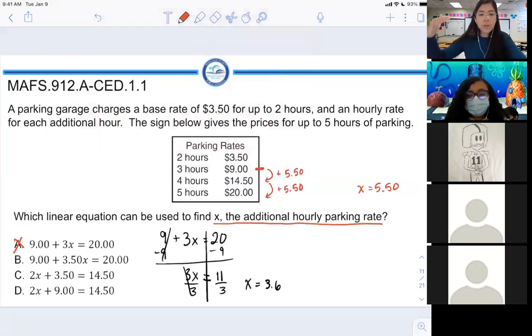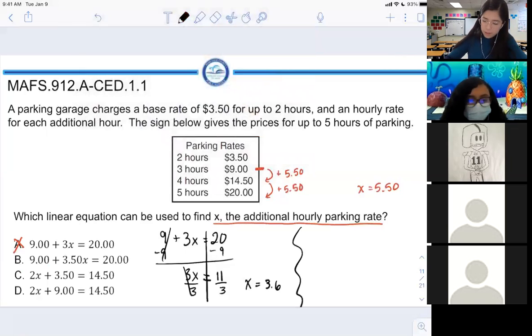And you could try the next one and the next one and the next one until you find the correct one. So would anyone give me one that I should try? What do you guys think? What, C? Tyrone says let's try C. Okay, let's do C. 2x plus 3.5 equals 14.5.